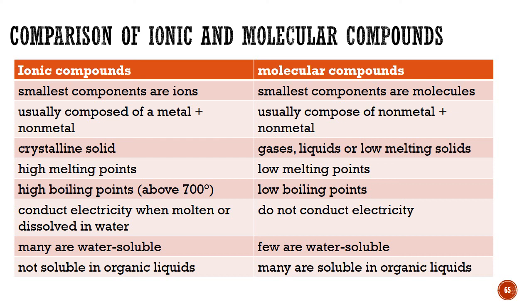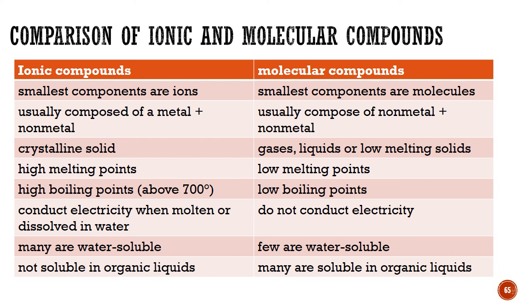All right, this is just a little summary telling us the difference between ionic compounds, which we talked about in the last unit, and molecular compounds. In ionic compounds, the smallest unit is called an ion. In molecular compounds, the smallest unit is a molecule. Ionic compounds are usually a metal along with a nonmetal or a metal and a polyatomic ion.